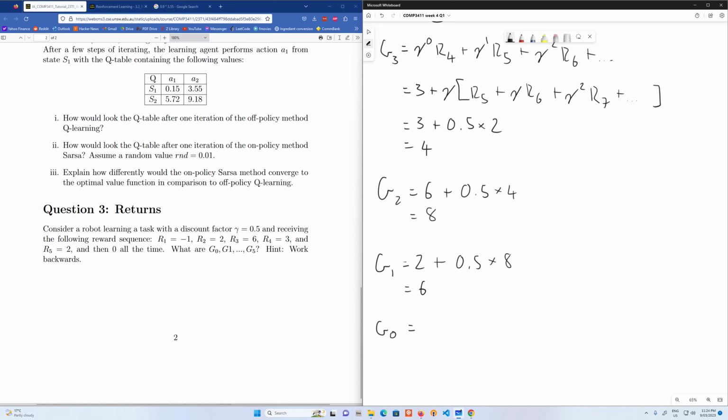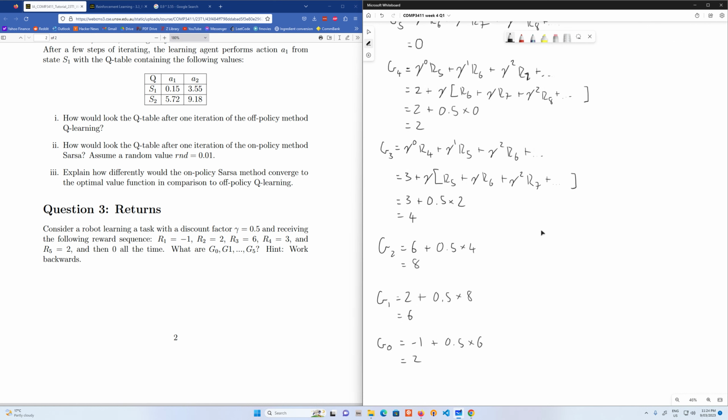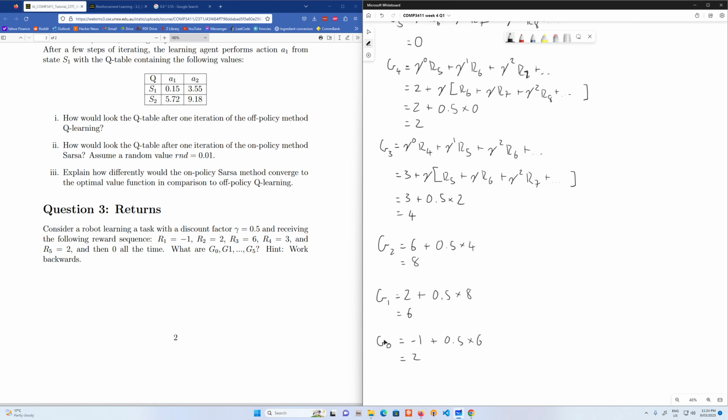We get the reward at the first time step, and we simply add the discounted value that we got for G1, 6. Should be a value of 2. So you can see that there's this nice relationship between the different time steps. And in the end, we get G0 is equal to 2.